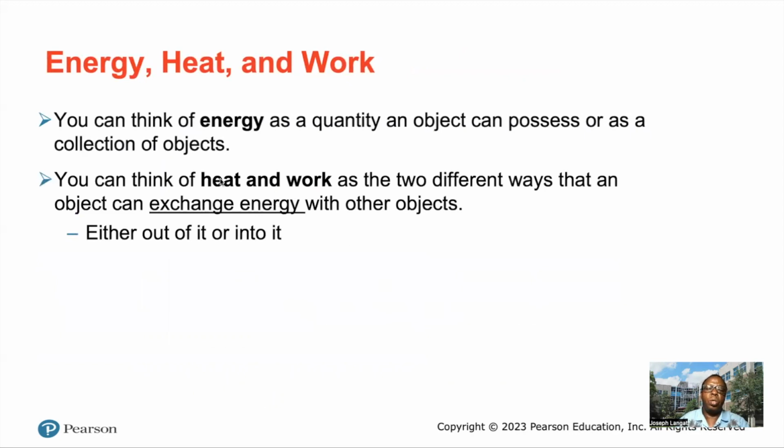So these two terms are ways an object can exchange energy with other objects, which can either be going in or going out, either doing work or having work done on it.